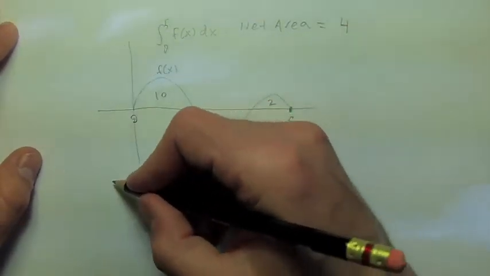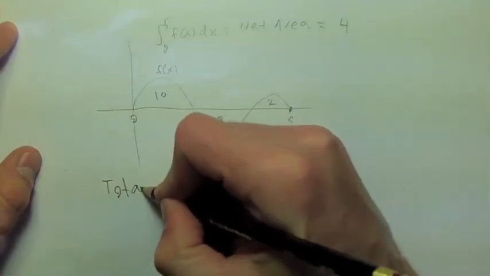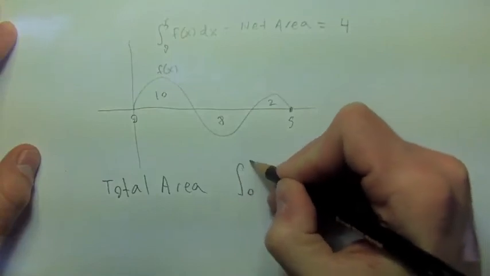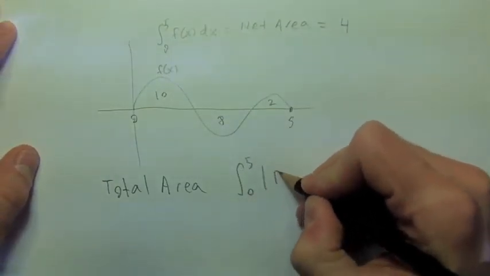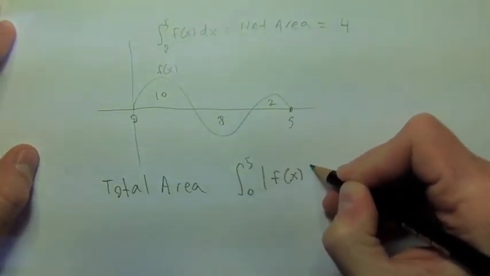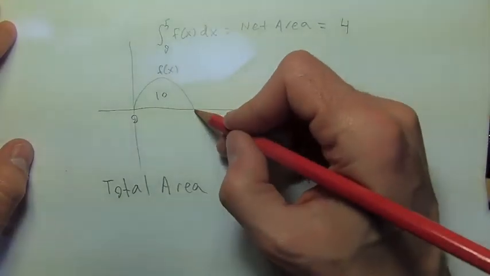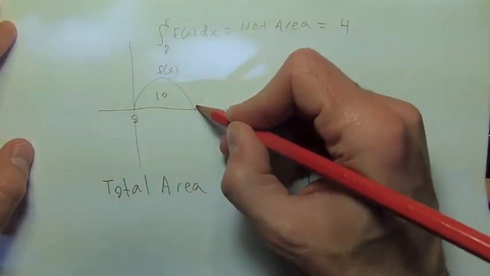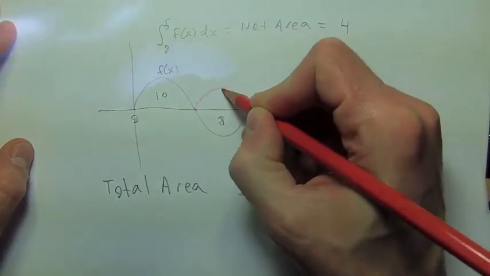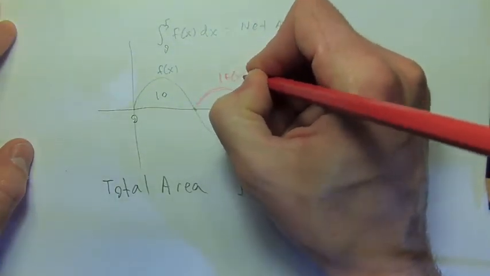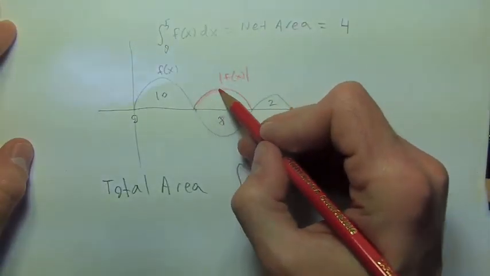But if I wanted the total area, the book will ask for this. It will be the integral of the absolute value of f of x dx. What that essentially does is anything that's below the x-axis, the absolute value brings it up above the x-axis. So the absolute value of f of x is here in this piece.